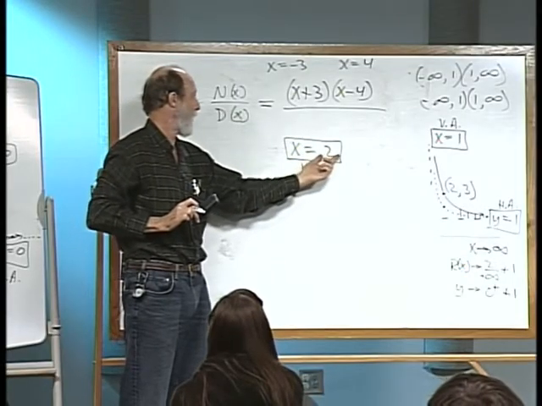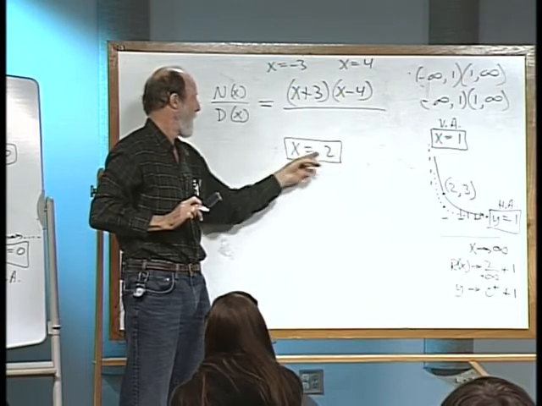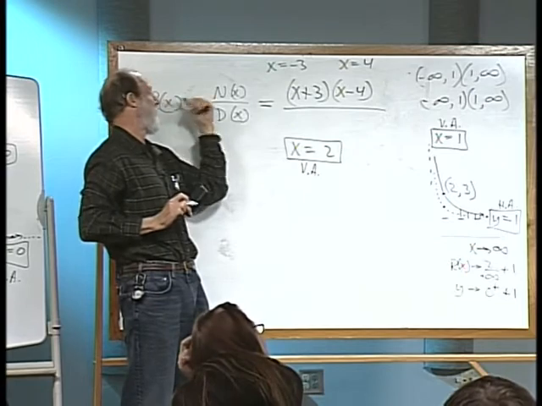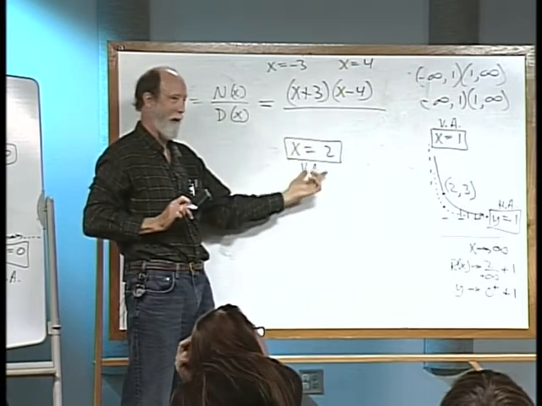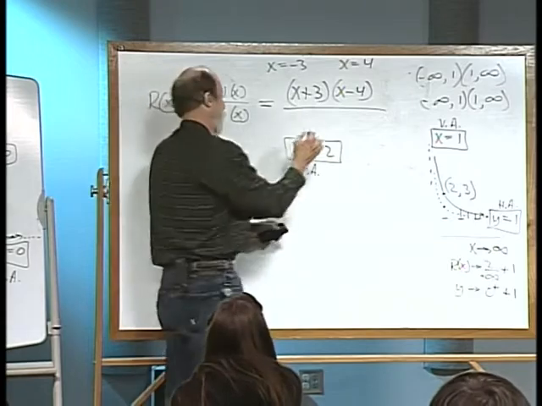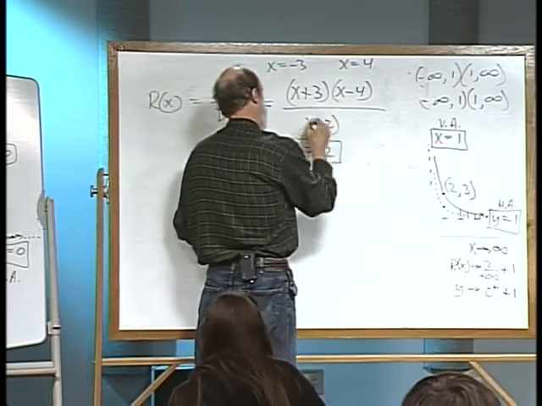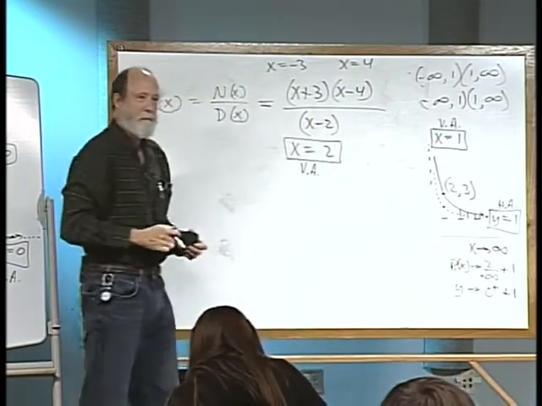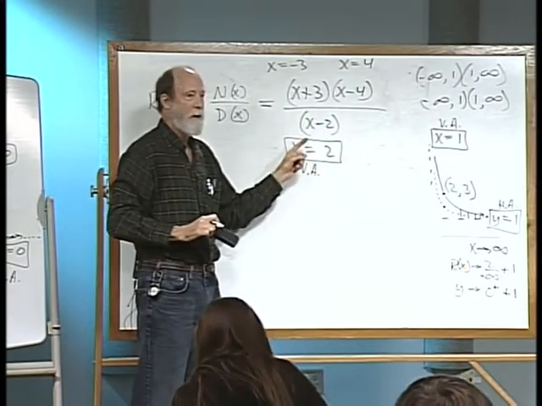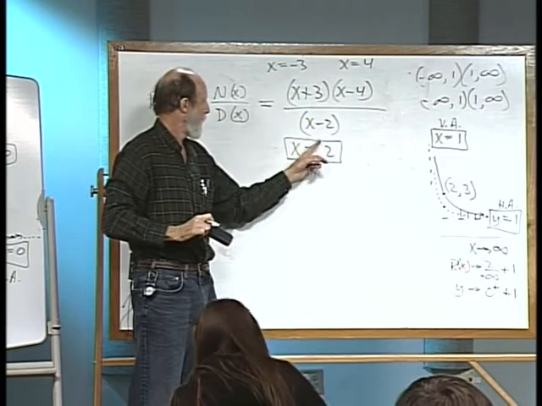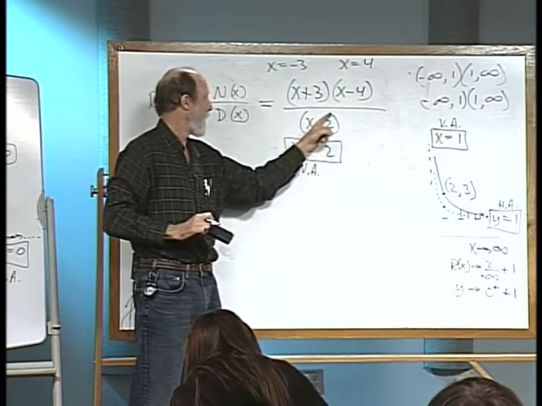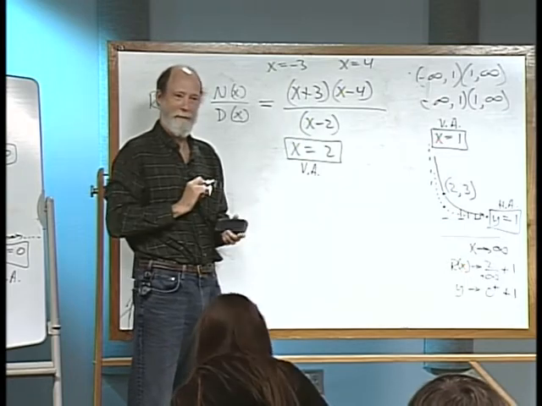We need to make the denominator turn this whole mess undefined, because that's where vertical asymptotes occur. X minus 2, right? Let's give that factor, or the 0 of that polynomial at 2, a multiplicity of 2.